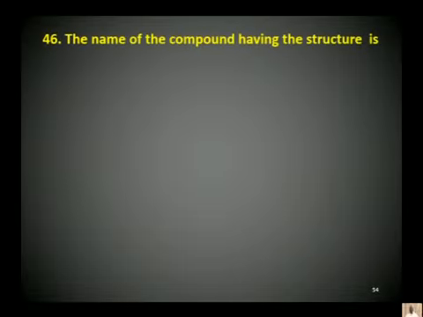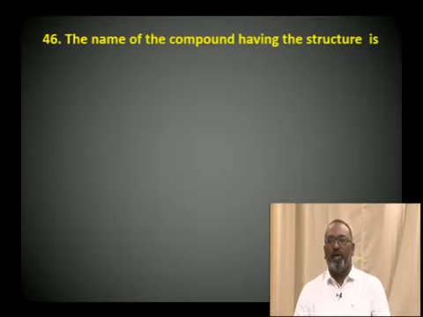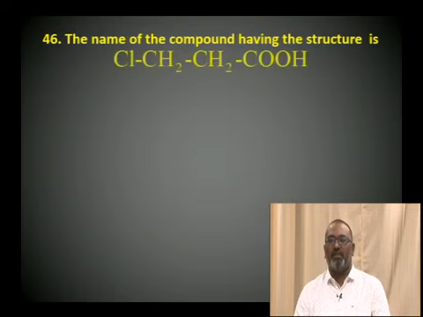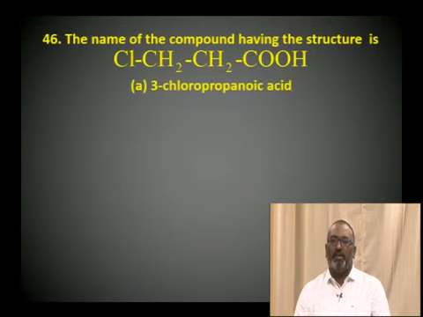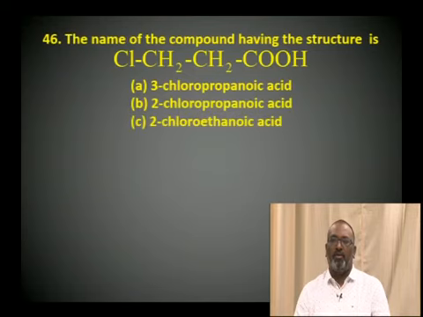Now, let us see the questions from carboxylic acids. Question number 46. The name of the compound having the structure is, so they had given a structure Cl, CH2, CH2, COOH. Is it 3-chloropropanoic acid, 2-chloropropanoic acid, 2-chloroethanoic acid, or chlorosuccinic acid?